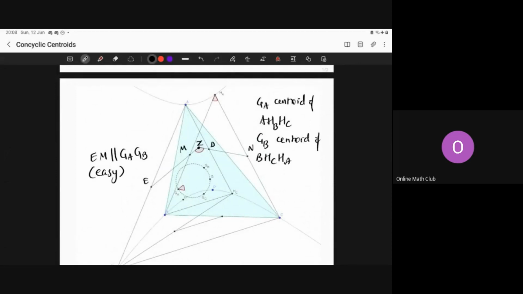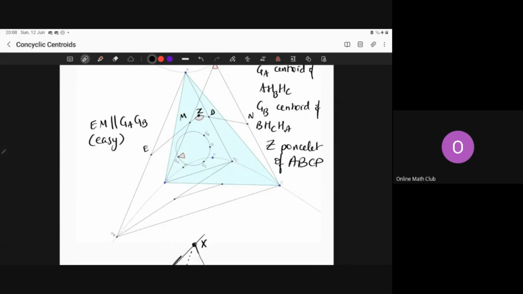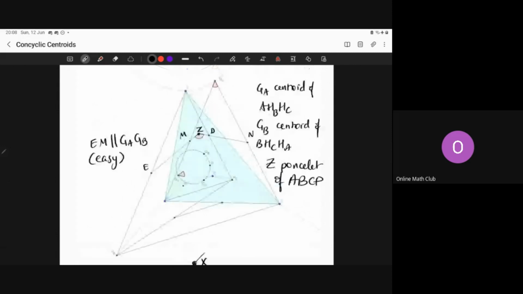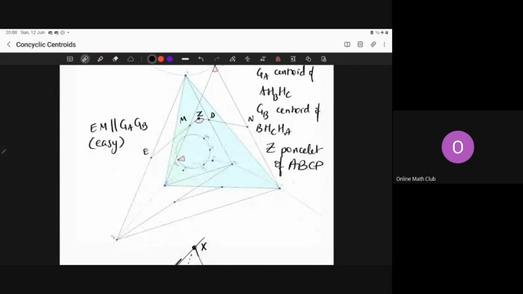Yeah, so now Z is the Poncelet point of ABCP. So that would mean it lies on the 9-point circle. Oh, so, okay, Z is the Poncelet point of ABCP. It's also the Poncelet point of HABCP because they have the same circumrectangular hyperbola passing through.